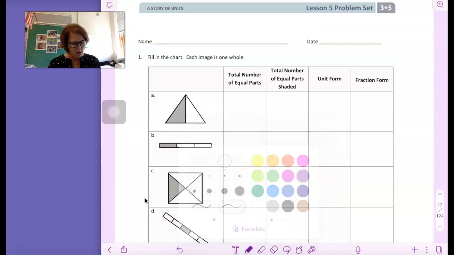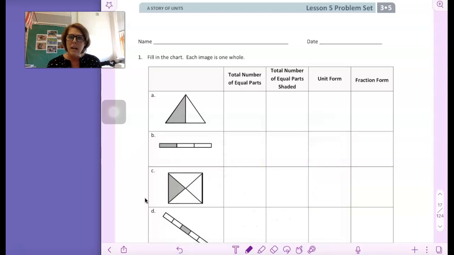So for this first one, letter A, the total number of equal parts is 2. The next column says total number of equal parts shaded. That's the darker part. That is 1. In our unit form, when we write a unit form, that's like the number and then the word that represents it. So we have 1/2.